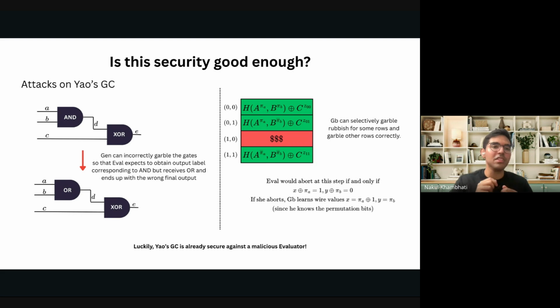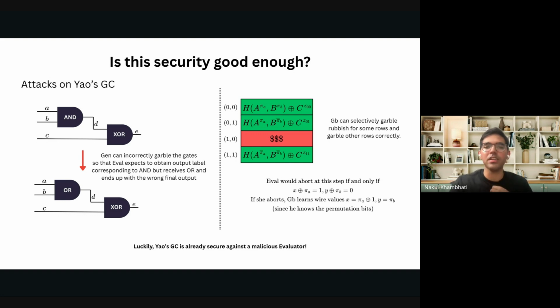But instead, the gobbler used the logic of an OR gate to gobble this, and now the evaluator has ended up with the wrong output key. And remember, we don't want the evaluator to learn which output key she has, so this is not detectable by her. And this could lead to the wrong final output, and could even leak some sensitive data that you don't want to.